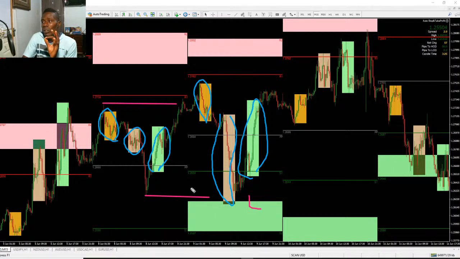If I wanted to sell, I would sell at the high somewhere around here in the new day. One green candle up, chop traders think it's going up, and then boom, boom, boom. It clears the high of the previous day and comes back and takes out the low of the previous day.